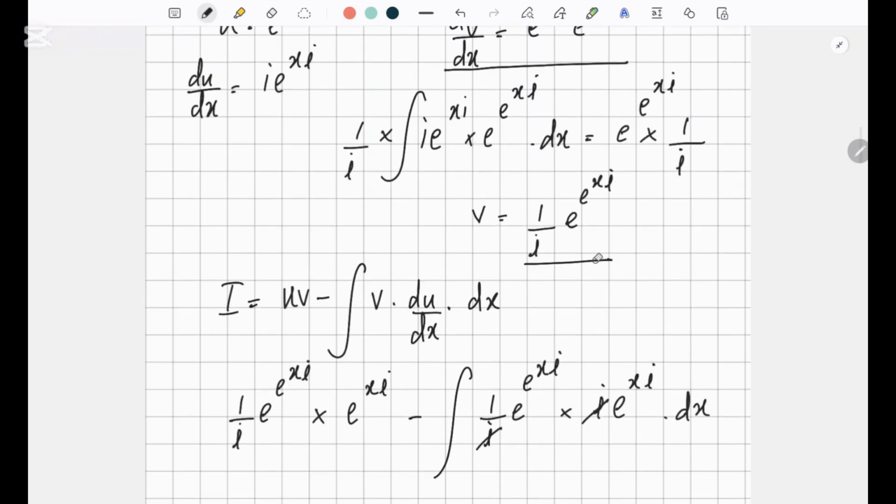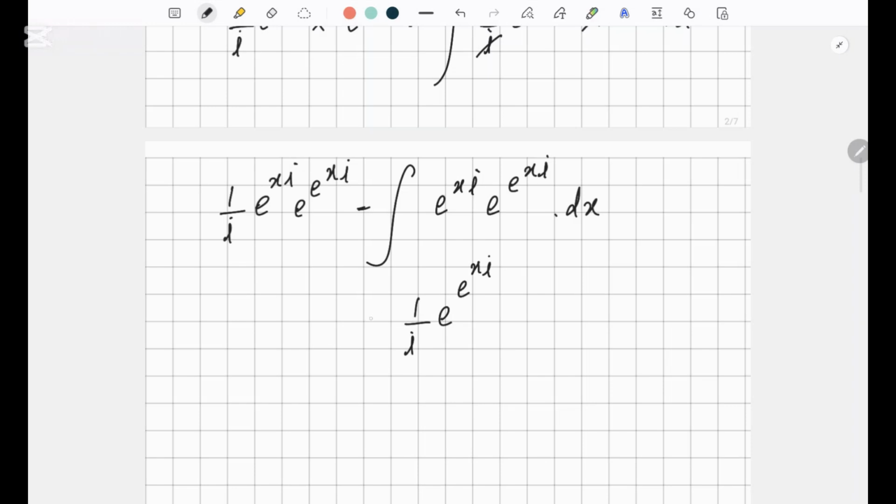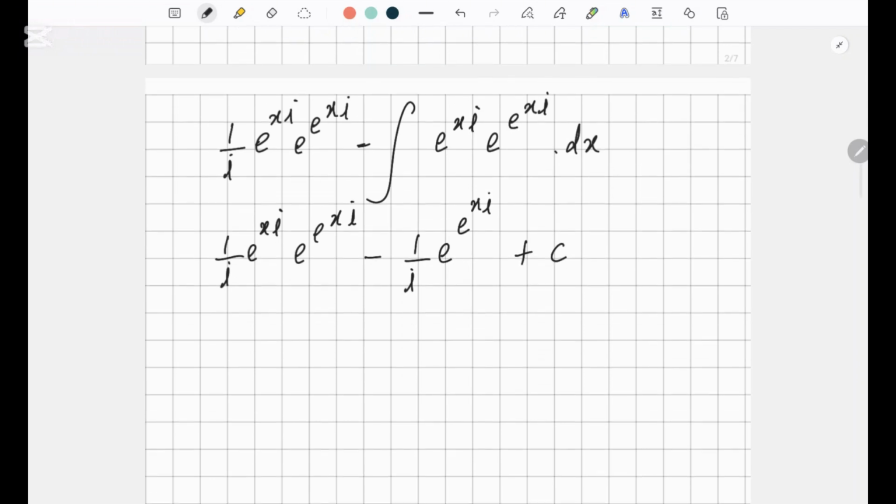It's this. So this is your answer, but we need to further simplify this, all right? So e to the power xi plus c.